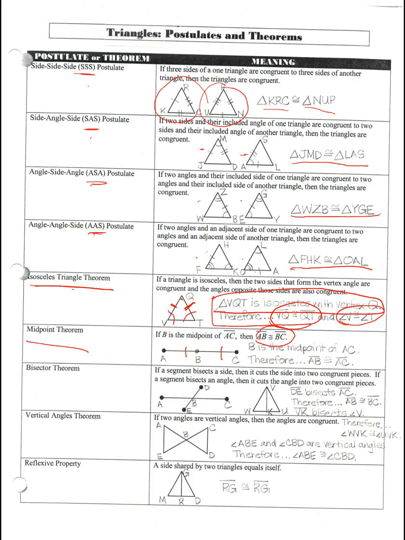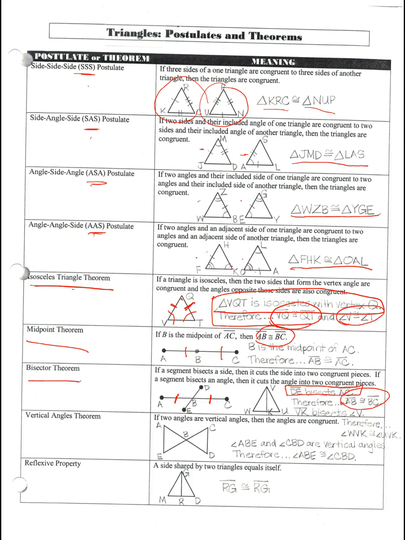If you're told that a segment bisects an angle, then we know it cuts the angle into two congruent pieces. So if you're given a statement like this, segment DE bisects segment AC, then you have the right to say that that means segment AB is congruent to segment BC by the bisector theorem.